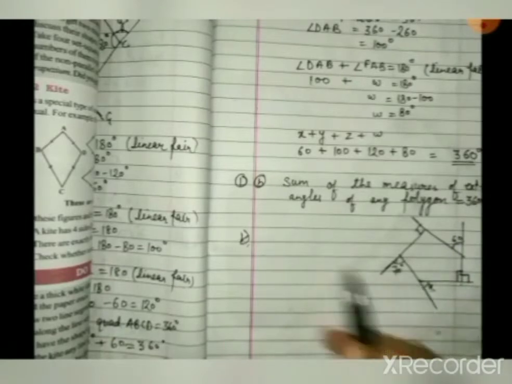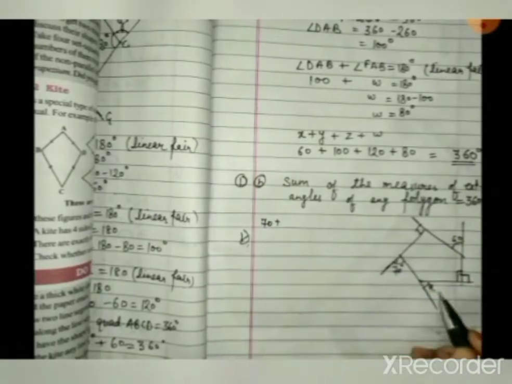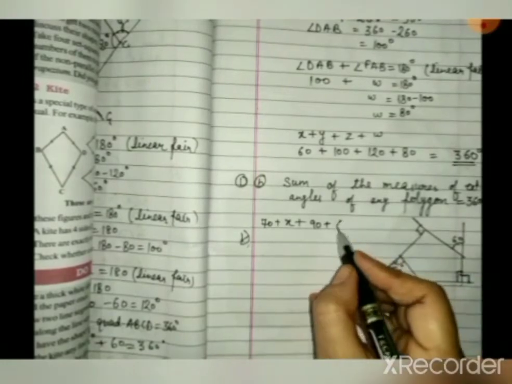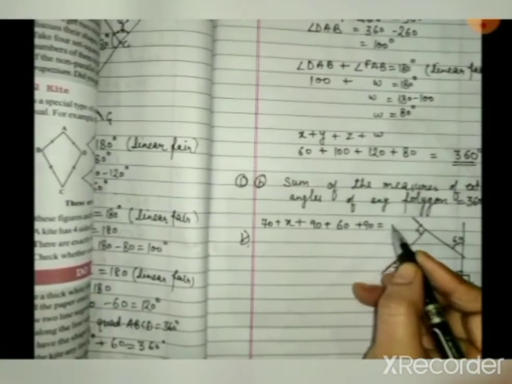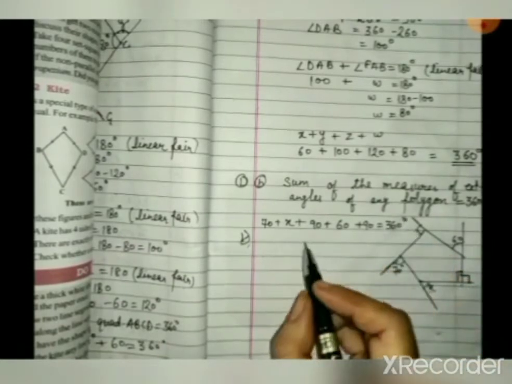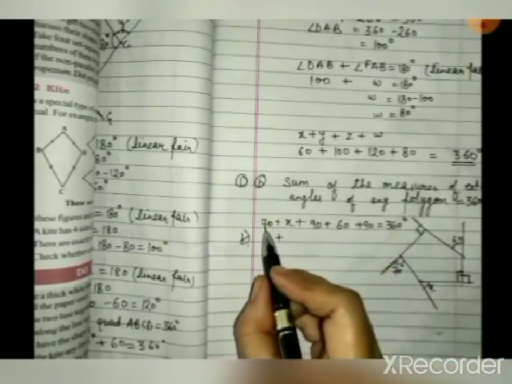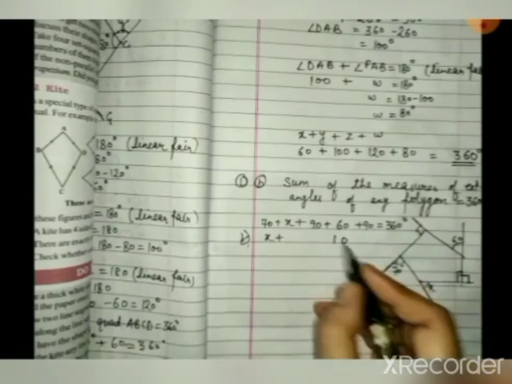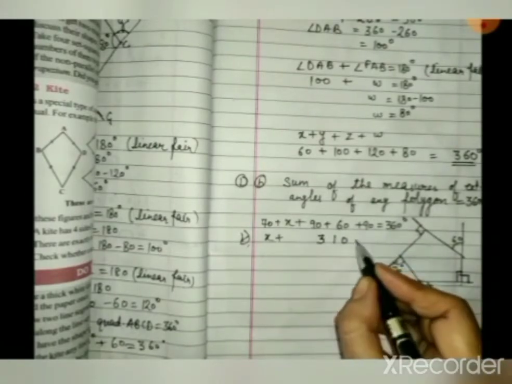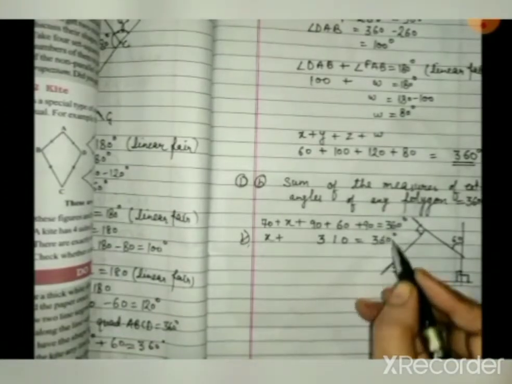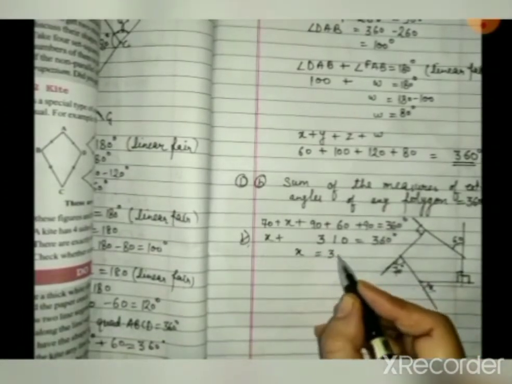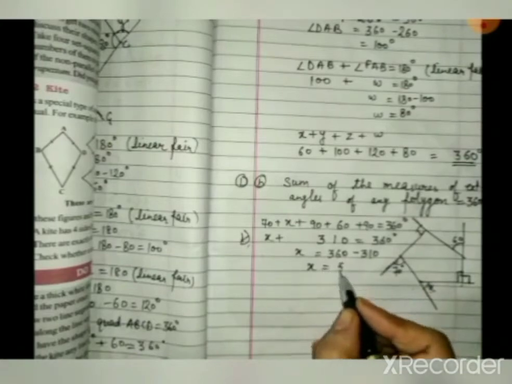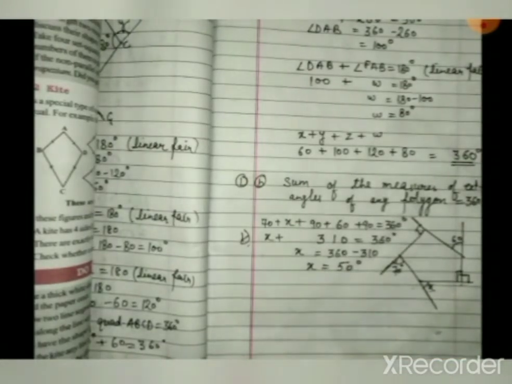Therefore 70 plus x plus 90 plus 60 plus 90 is equal to 360. x plus, now we will add these, 310 is equal to 360 degree. x is equal to 360 minus 310. x is equal to 50 degree. So that is the way you have to do.